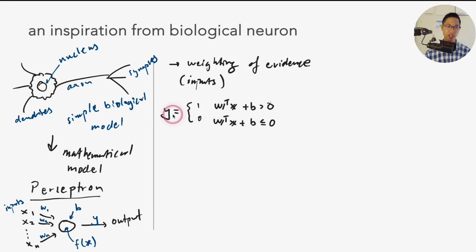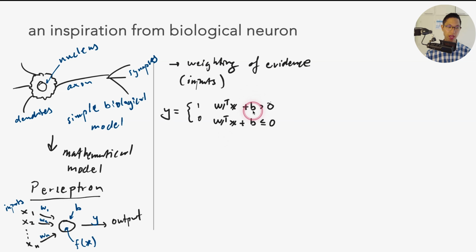Mathematically it looks like this. The output y equals 1 if w transposed times the x vector, and the transpose is just linear algebra in order to make the multiplication work. But you can see it as w1 times x1, w2 times x2, to wn times xn.